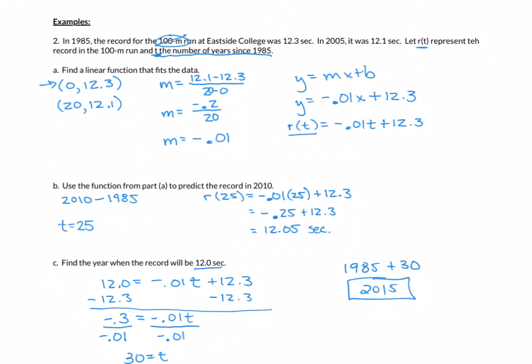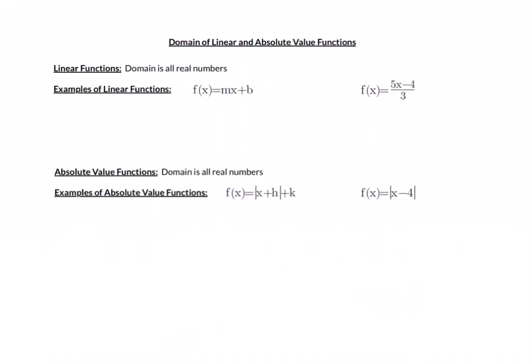Okay. The last thing I want to talk about is the domain of some basic functions. The two that you will see in this section are, first off, linear functions.